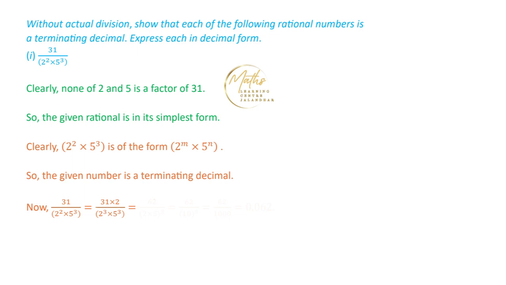The numerator is equal to 62, and the denominator is 2 into 5 raised to the power 3. 2 into 5 is 10, so it is 10 raised to the power 3. So this is equal to 62 by 1000, that is equal to 0.062.